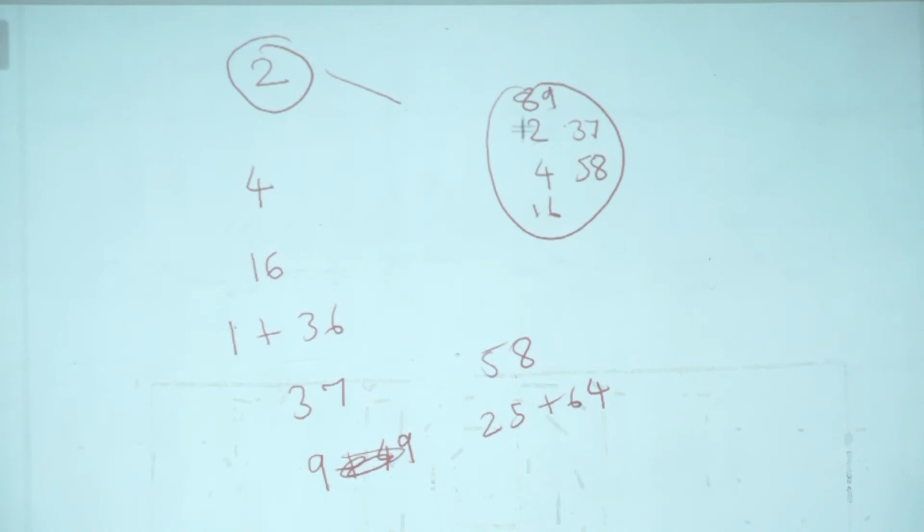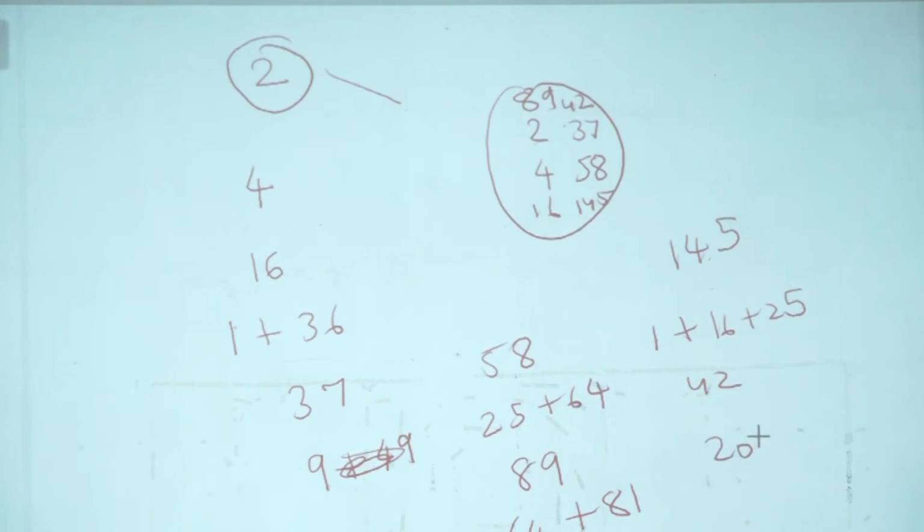It has not come yet, so we'll store it. 89 will become 64 plus 81, which becomes 145. Not come yet, so we'll keep it. 145 will become 1 plus 16 plus 25, which becomes 42. It has not come yet, so we will keep it. 42 will become 16 plus 4, 20. 20 has not come yet, so I'll keep 20.